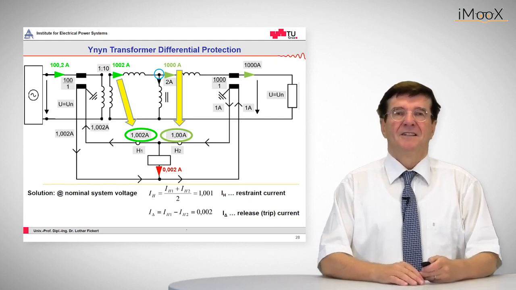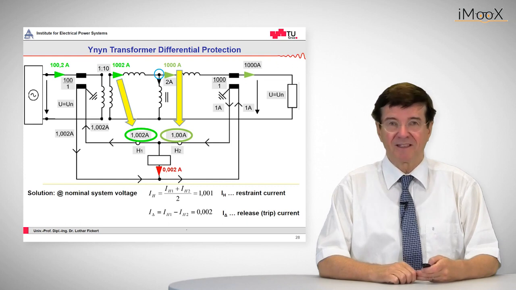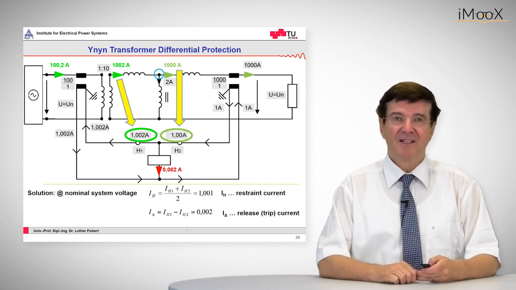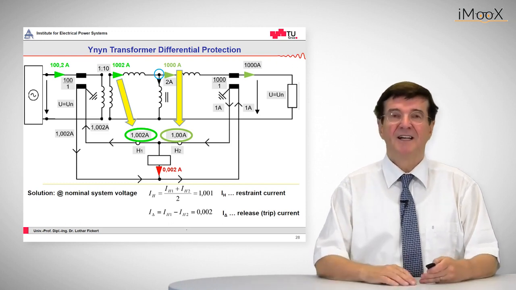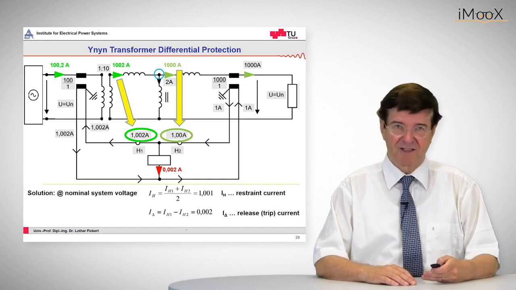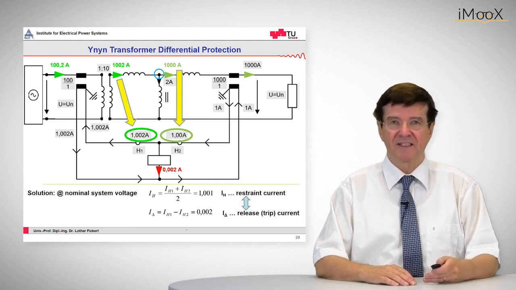So here the remedial measure is to introduce the so-called stabilizing current, the restraint current, which is made up of the sum of both the incoming and the outgoing current, and this is compared to the release differential current. If the ratio is very small, then it is thought to be an inaccuracy and nothing happens.